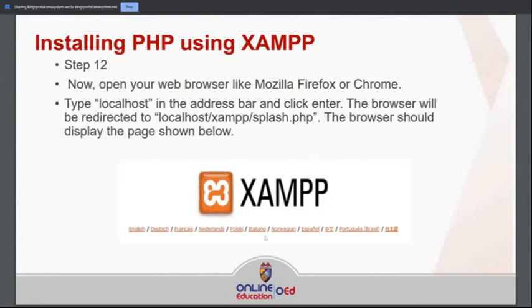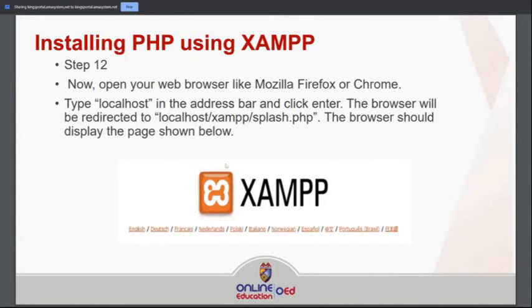And then we have this step 12. All you have to do is to open your web browser, like any web browser, Mozilla Firefox. Most of the time, I'm using Google Chrome. Okay. Then type localhost in the address bar, like what you can see here, localhost, and click enter. The browser will be redirected to localhost/xampp/index.php.